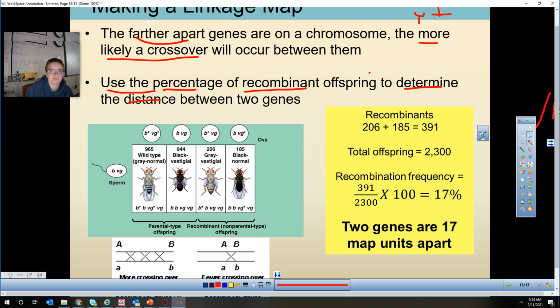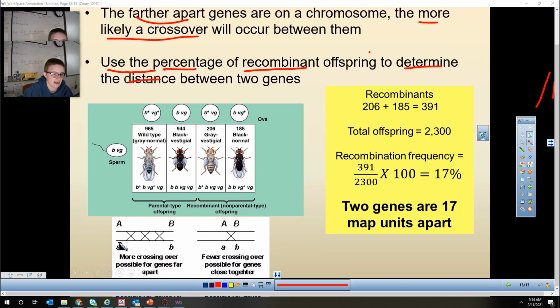Okay, so if we look, these are linked genes, A gene and B gene, all right? And it's saying if they're further apart, there's more likely a crossover event. But if they're closer together, there's less likely to be crossover events. So here we have the gray normal for this parent.